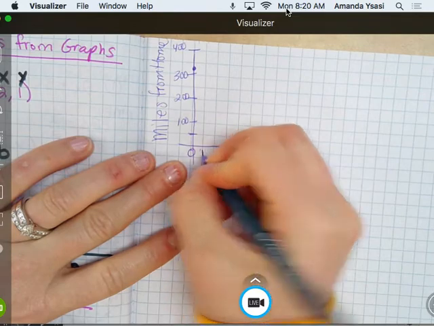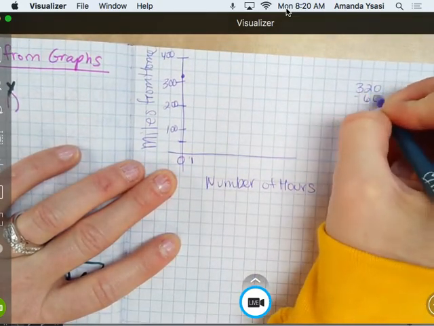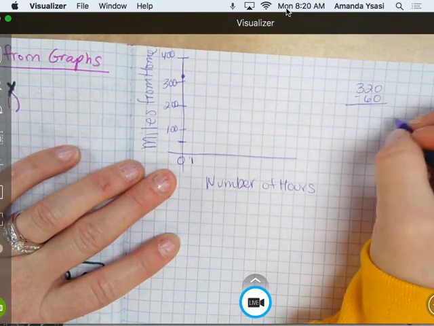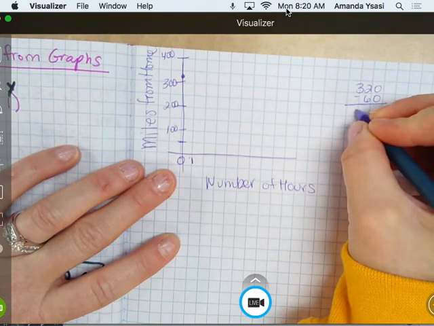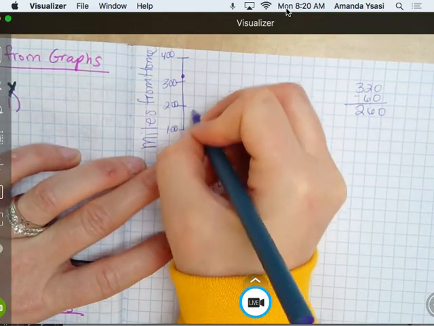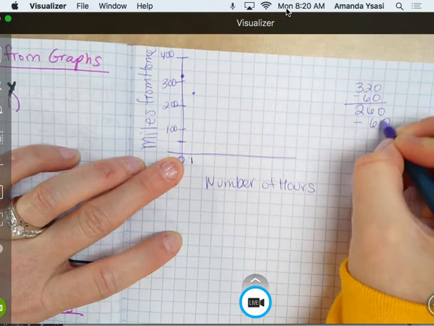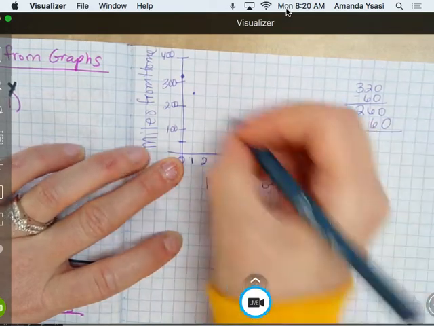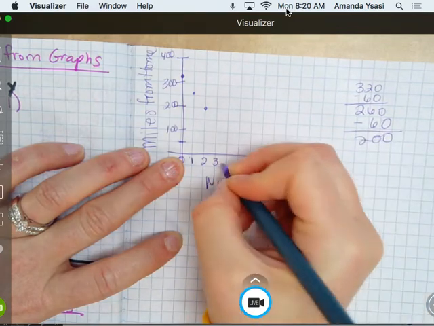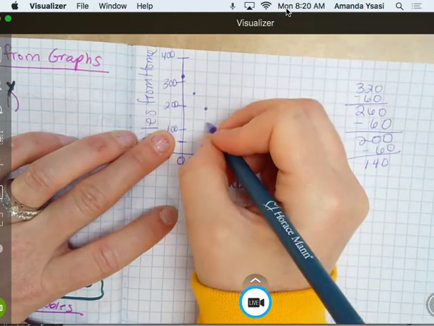And then after 1 hour, where are you at? What would that be? Mental math, Cal? 260. Okay, so this would be right around here. And then after 1 more hour, 200. Then after 1 more hour, 140.